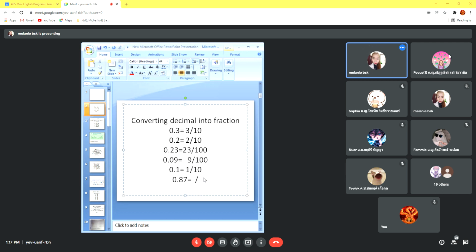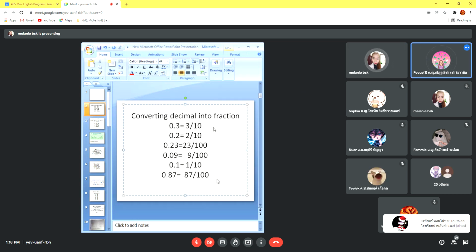So your denominator should be 100, yes, because it's in the hundredths place. What would be your numerator? The numerator is the number above. The denominator is the number below. So that would be 87. Yes, very good.